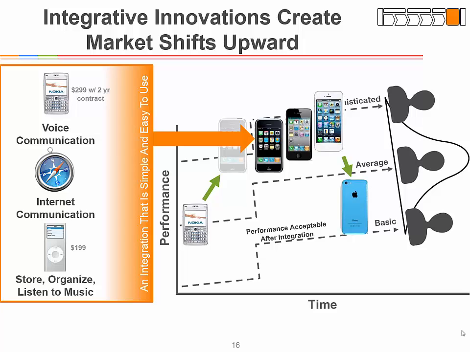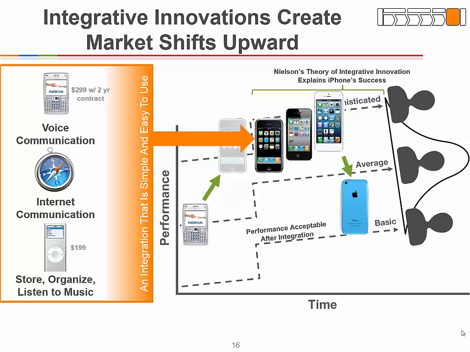And then they also came out with products like the iPhone 5C, which is a low-cost product that appeals to emerging markets and also lower price points. And so this is the whole heart of integrative innovation. And what's great about it is it explains the iPhone's success.